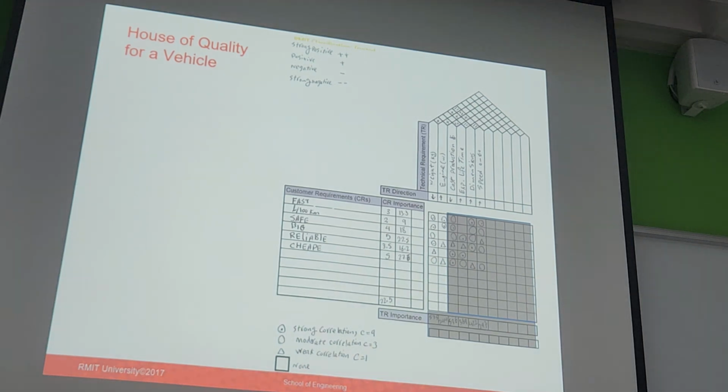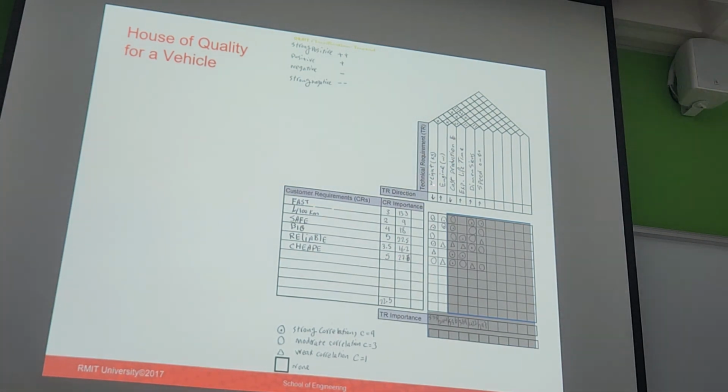Every engineer, I'm telling you true. What do you think is the best correlation between weight and fast? What do you think? Yeah, 9? And you? 9, 9, 9, 9. Everybody 9? Okay, put it 9.